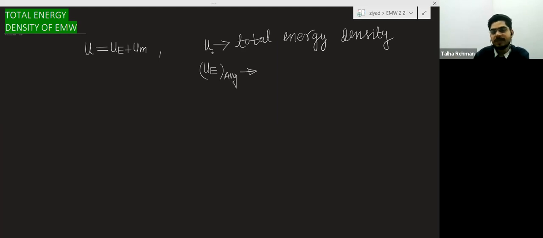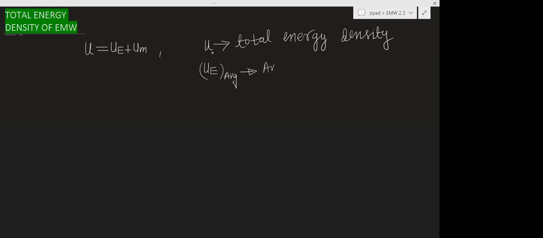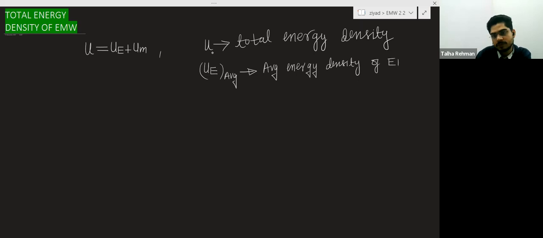This is the average energy density of the electric field. And UB average is basically the average energy density of the magnetic field.